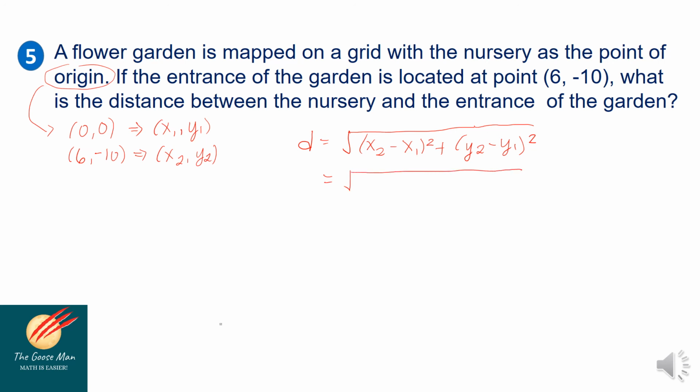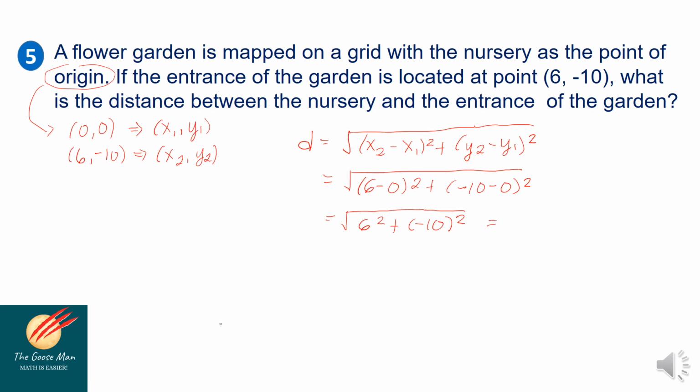So we have 6 minus 0 squared plus the value of y sub 2, which is negative 10, minus 0 squared.